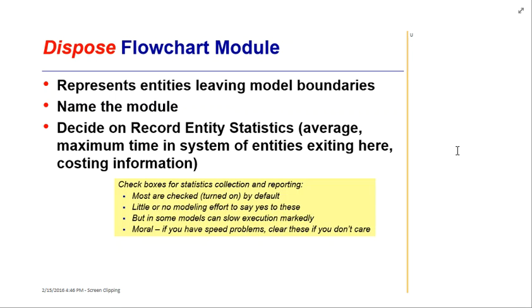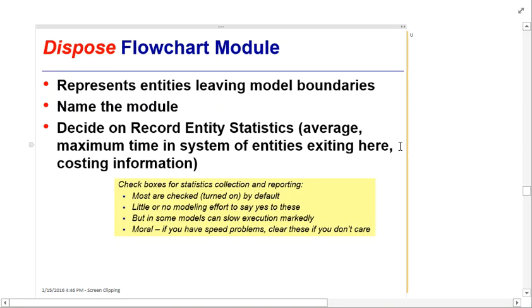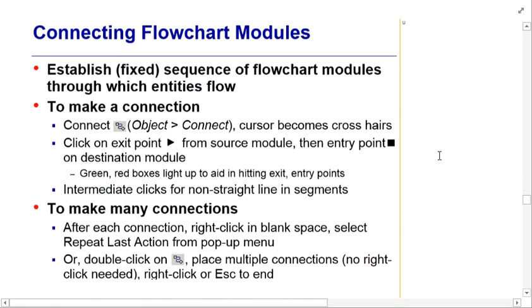If I had, for example, a manufacturing process and I have a ship to warehouse or ship to customer Dispose module, as well as a scrap Dispose module or rework Dispose module, I'd want to record the number of entities that are exiting through that specific module, which would be certainly helpful in analyzing the process. So typically the only thing you're going to do here is record statistics of entities that leave the system.